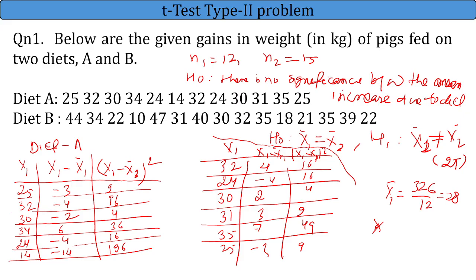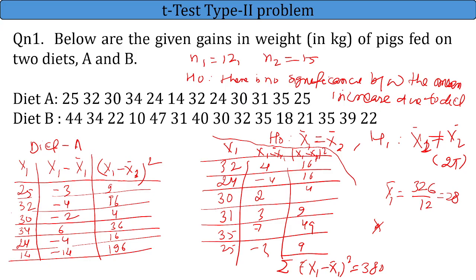So now the summation of x1 minus x1 bar square, how much did it become? 380. I have the value, so you can calculate.